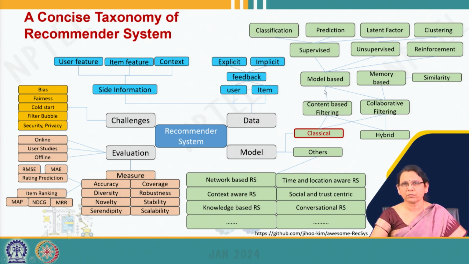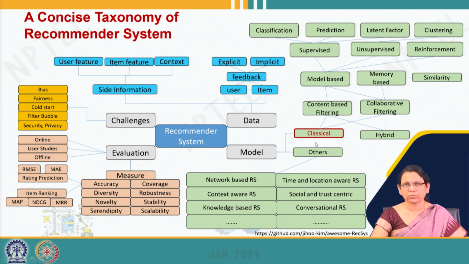Similarly, content based can be model based. And these models are basically machine learning models, so they can be supervised or unsupervised depending on the kind of data. These supervised models can generate predictions or they can generate classifications. Similarly, memory based models use similarity measures and corresponding distance measures.